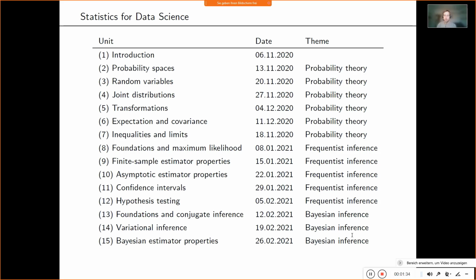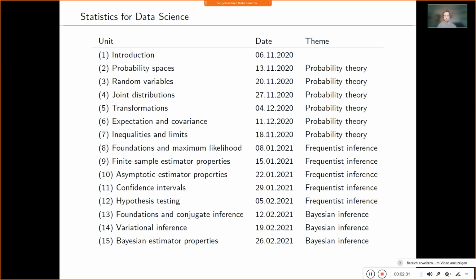Basically a refresher in probability theory, covering things from probability spaces, random variables, joint distributions, random variable transformations, and then expectation, covariance, inequalities, and limits. And this will, oops, there's a typo, that's the 12th, that's December, so we're not going to travel back in time. And that will basically be it until Christmas then.